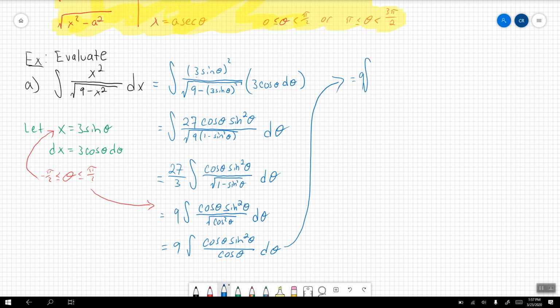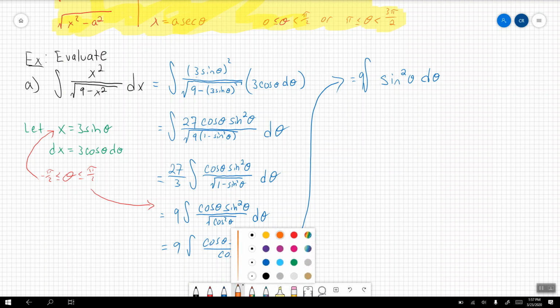So, as this all follows now, this is 9 times the integral of sine squared theta d theta. And this is where we want to be, because at this point in time, for the integral of sine squared theta, we could just use a power reduction rule. So I'm just going to really quickly write on here that we need a power reduction for sine squared.